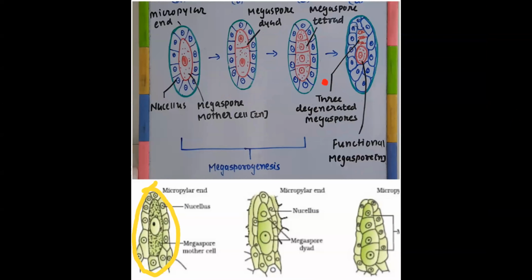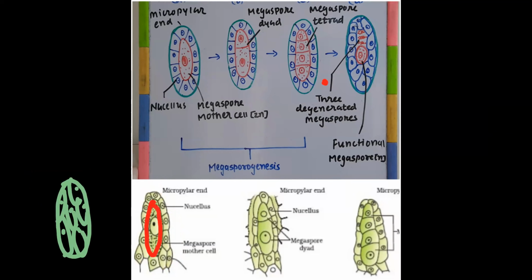Please understand that this is the nucellus cell mass. Within that, one cell closer to the micropylar end develops into what is called the megaspore mother cell. If you see the stage before this, it would be a nucellus. Entire stuff is nucellus. But here onwards, you can see there is one cell within the nucellus, which is called the megaspore mother cell.